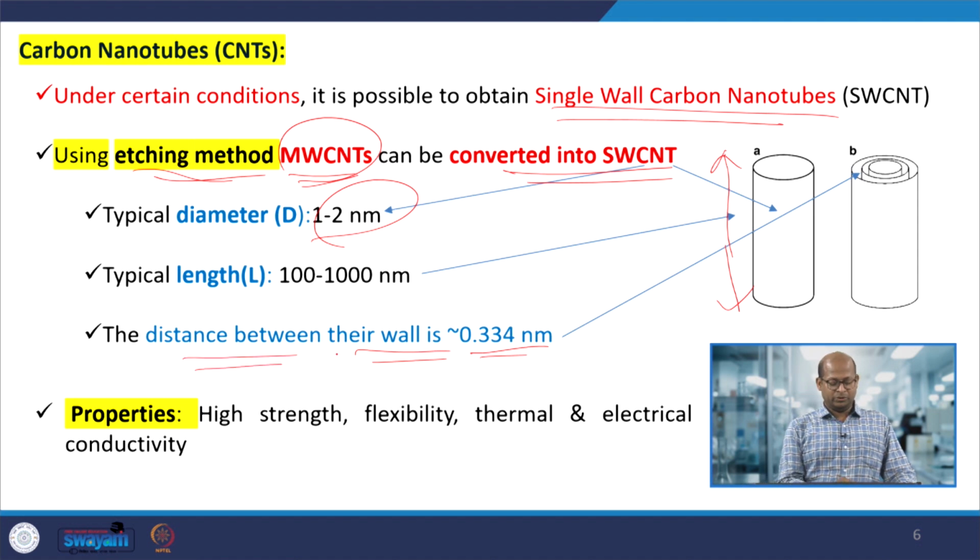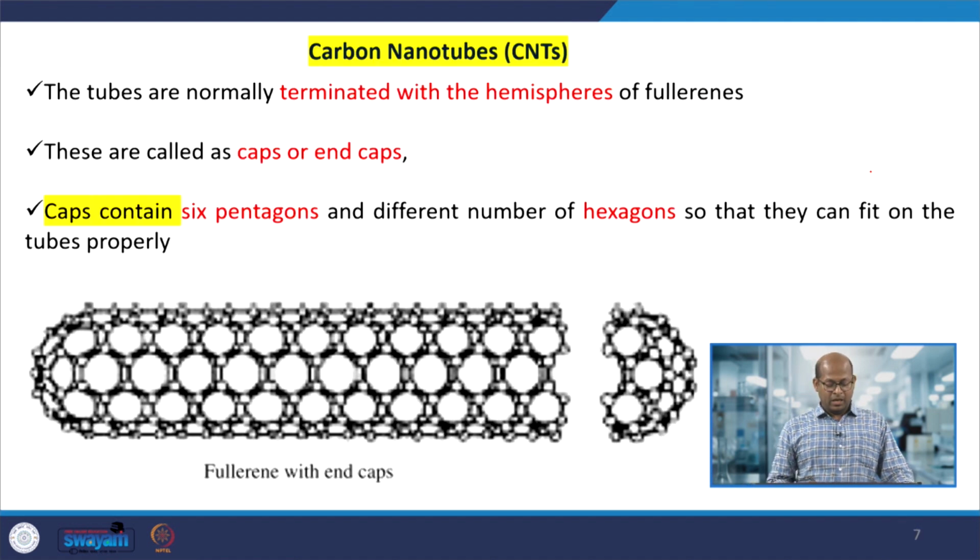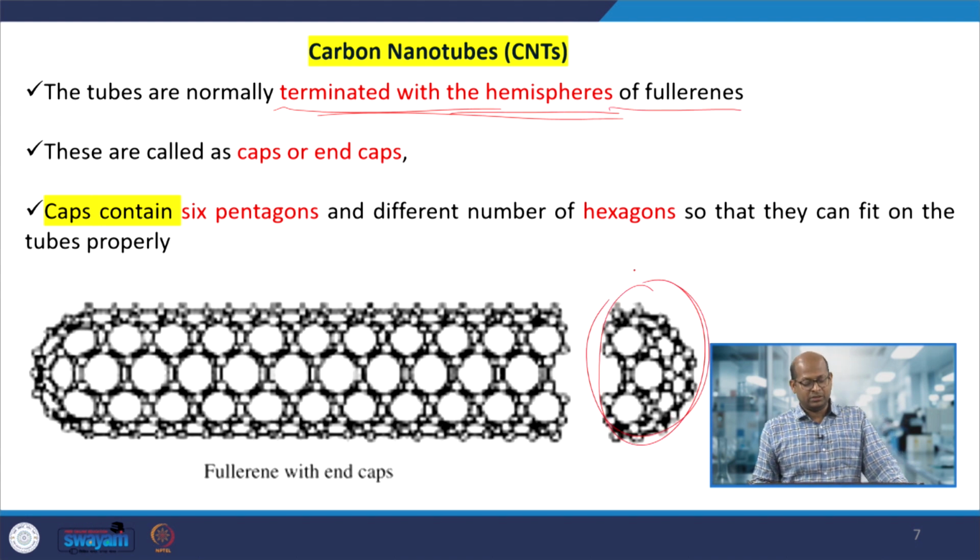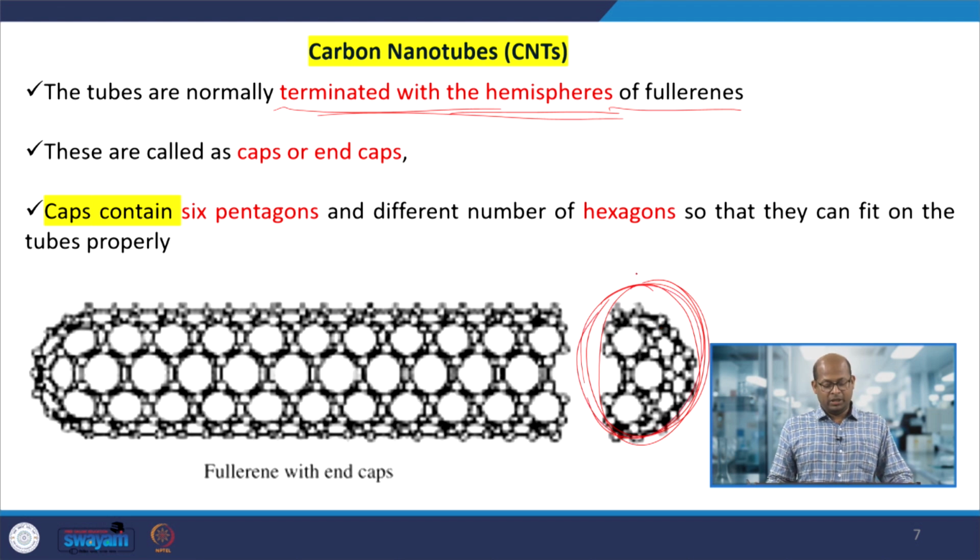Next, the tubes are normally terminated with hemispheres of fullerenes. These hemispherical ends, or end caps, contain hexagonal as well as pentagonal carbon arrangements.